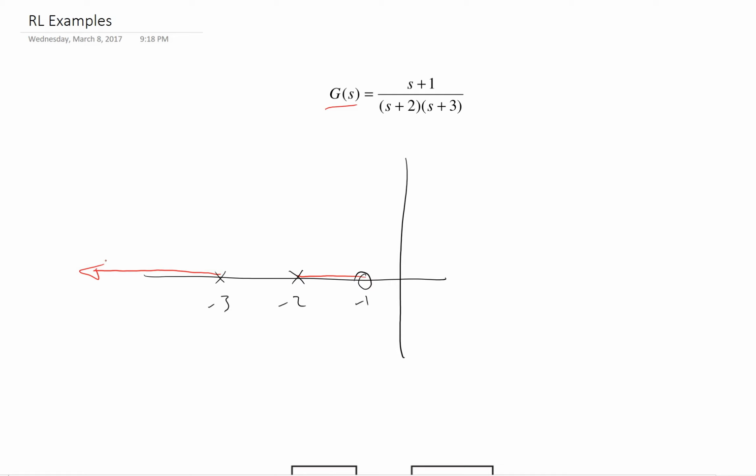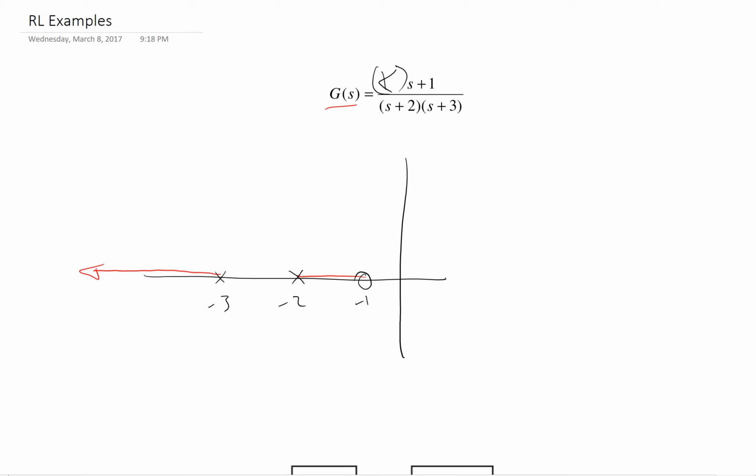which is exactly right. When we have 1 branch going to infinity, it is at -180 degrees. So this is actually the root locus for this system. It shows all possible solutions as the gain, which isn't represented here but is understood as a K, goes from 0 to infinity.